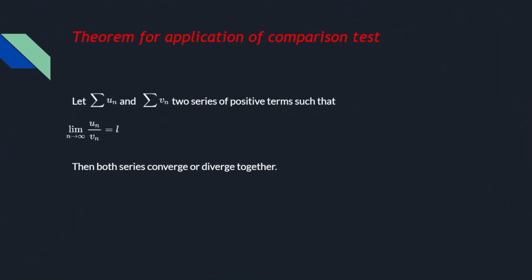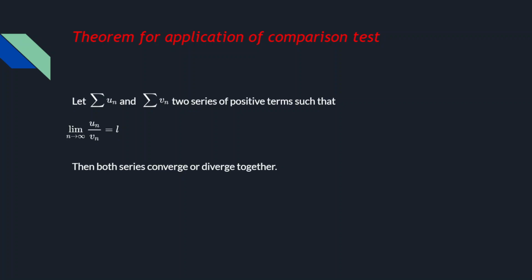Now, the theorem for application of the comparison test. Suppose we have a series sum of un and another series sum of vn, both of positive terms, that is, greater than 0, such that the limit as n tends to infinity of un by vn is equal to l. This l should be a non-zero positive number. Then both series either converge or diverge together.